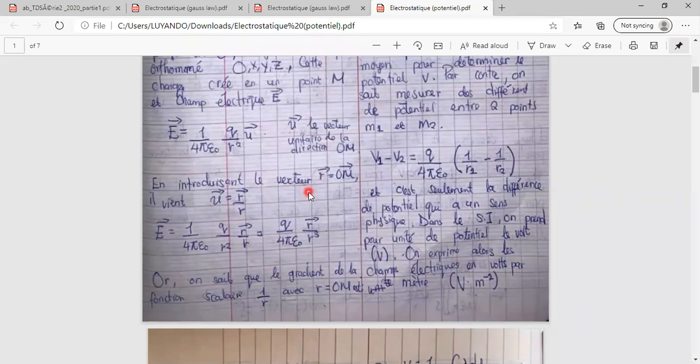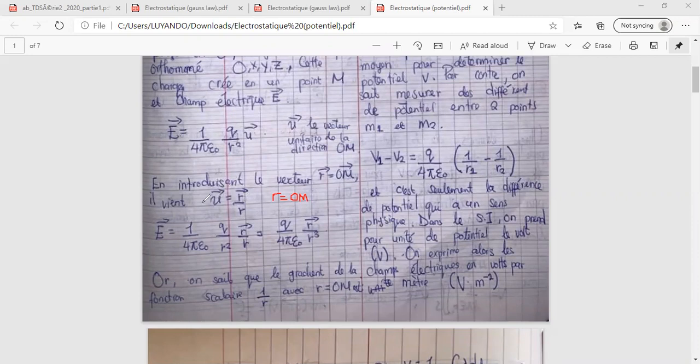Let me just write it. So r equals the distance from O, one point charge, to the other point. So we've got OM. Our unit vector U is represented by the vector r over r.